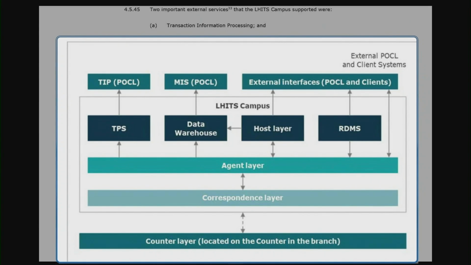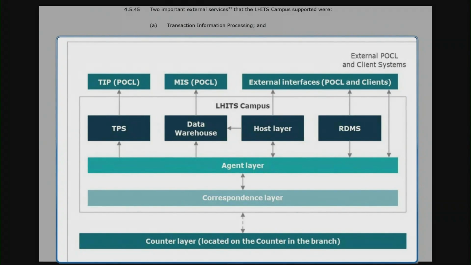The TPS system translates the transactions collected from Horizon and delivers them to POCL's TIP system, which is their transaction information processing system, POCL's internal system for accounting processing. So it delivers all of the managerial accounting information to POCL, so they can use it for their financial reporting as well as the managerial aspects of their business.